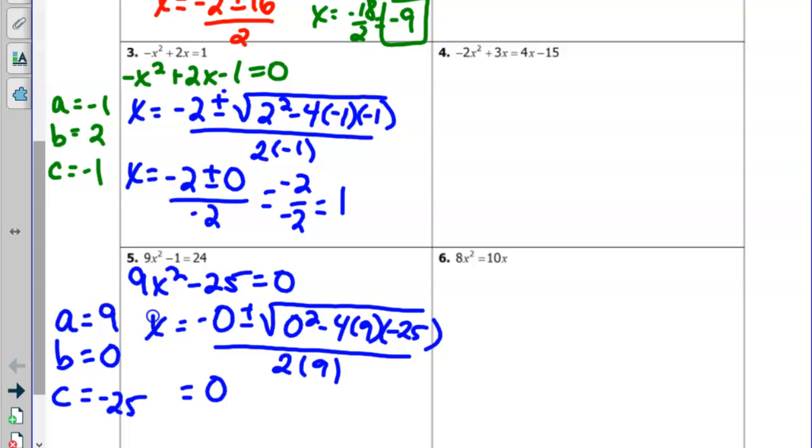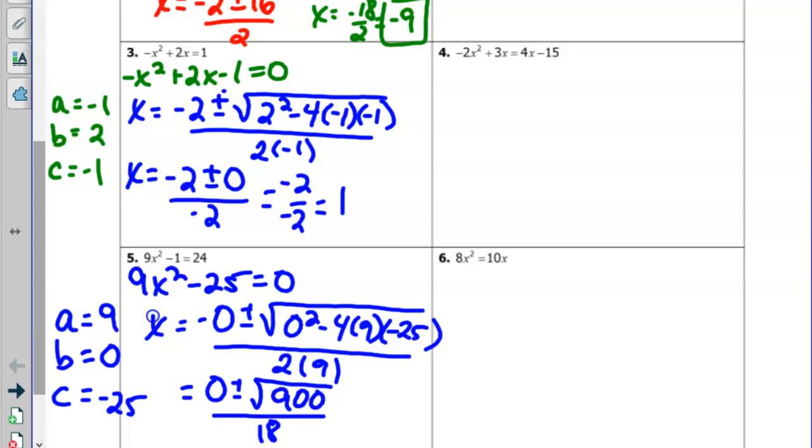What is 0 squared minus 4 times 9 times negative 25? What is that? 36. 900, good.